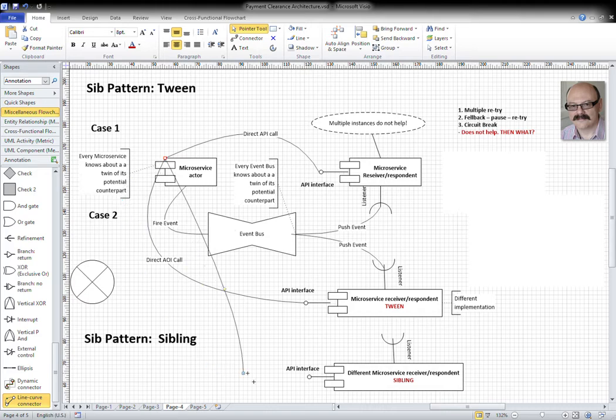It can connect to the interface of the sibling, as well as the event bus can do the same thing and contact the sibling the same way as before.